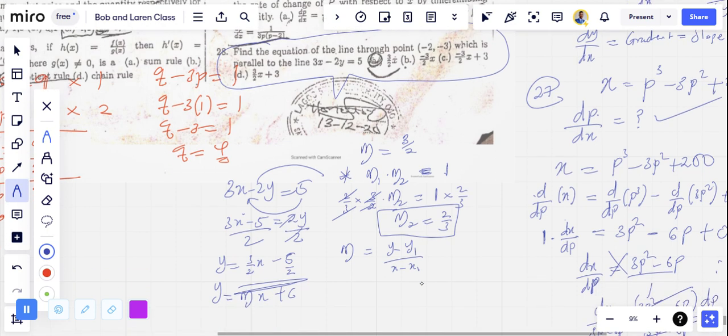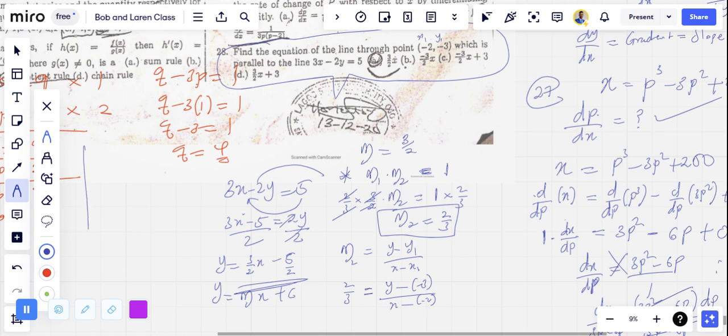So my m now is m2, which is 2 over 3. My y1 is minus 3, so I'll put minus 3 here. x minus, my x1 is also minus 2.